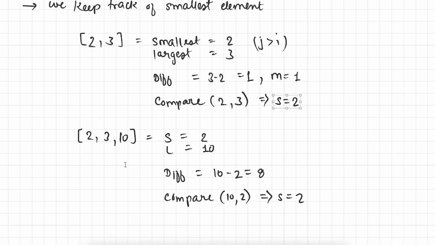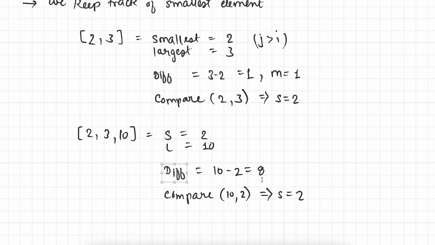Now if we get a new number in future, that is 10, currently the smallest number is 2 and we are considering this number as the largest. So first we find the difference of the two numbers, that is 10 minus 2 is 8. Before, our maximum was 1, now we are getting a maximum of 8.